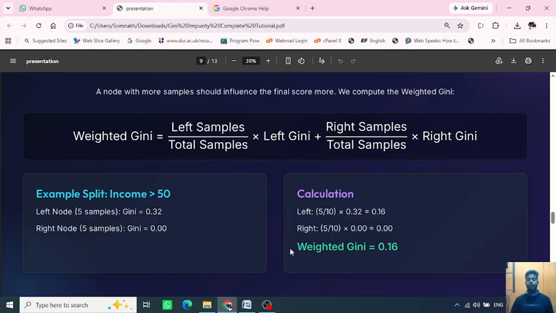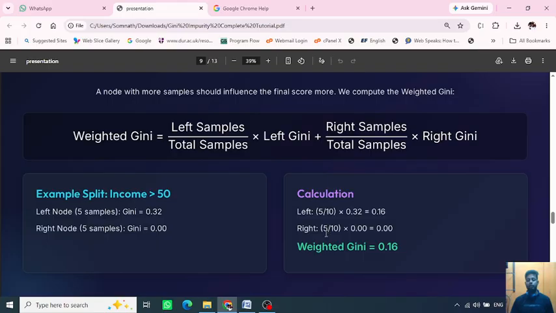Left sample is 5 and total sample is 10. So for the left side, the calculated value is the left sample by total sample multiplied by the Gini of the left side, and we found 0.16.